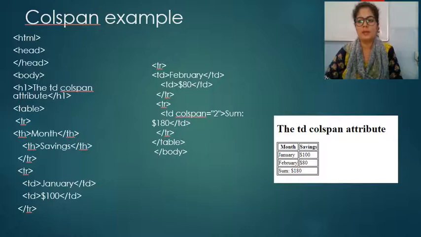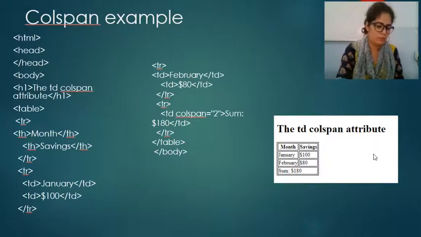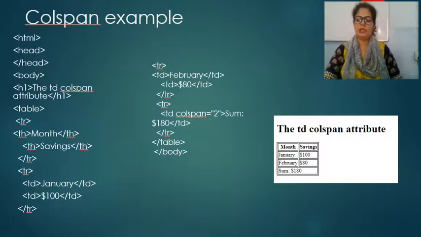Next is colspan. So what is colspan? Colspan is used whenever we have to combine columns. So I have taken an example of colspan. First of all, look at this diagram. There is a table in which there are total 4 rows.